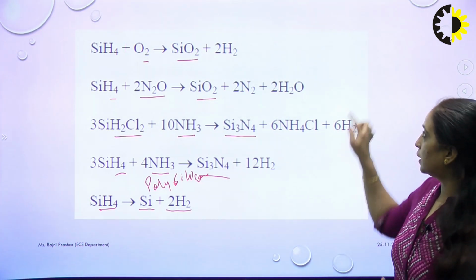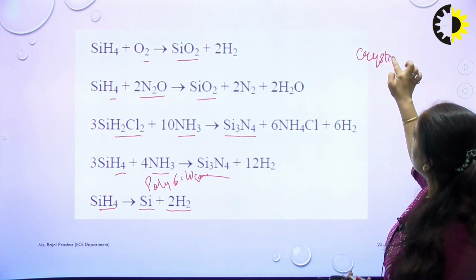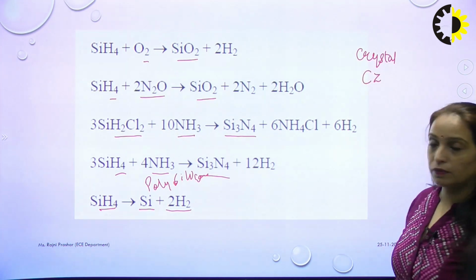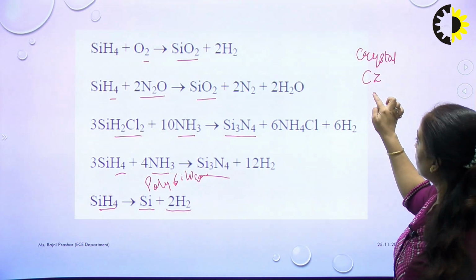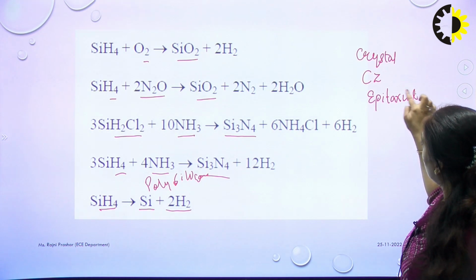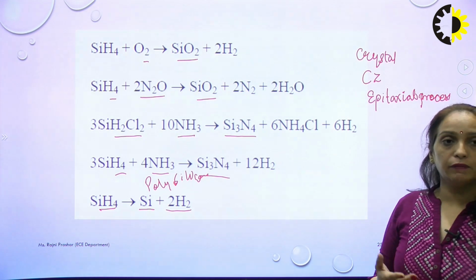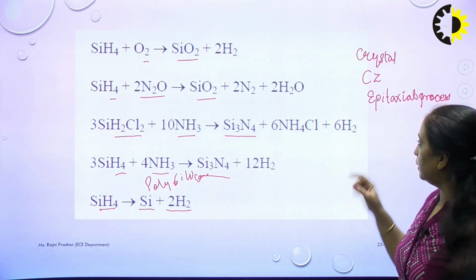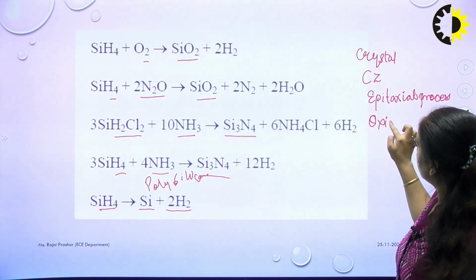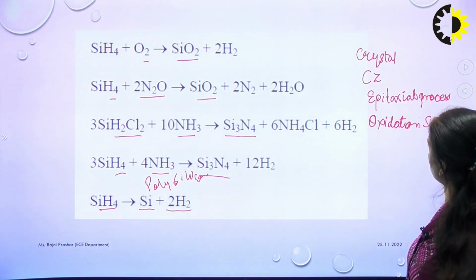So we have covered crystal formation. We have seen the crystals and how the crystal behaves. With the help of the CZ process, we have created a wafer. Over that wafer, with the help of the epitaxial process, a layer is generated which will work as a support material. Then we have the oxidation, which is used to deposit SiO2, right?